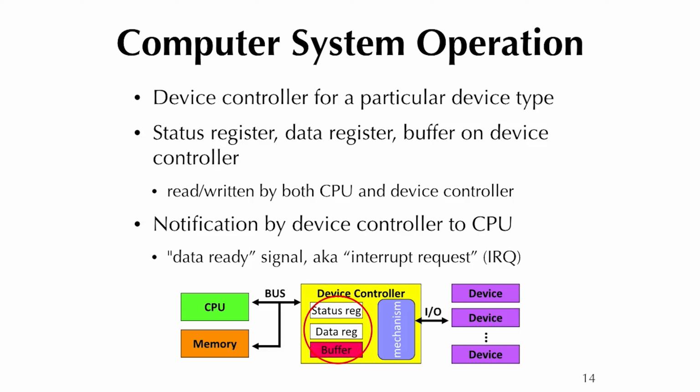And so in older Windows, you might see IRQ error, IRQ conflict. IRQ, what's IRQ? Interrupt request. Okay, so that is a way for the device controller to notify the processor and say, "Hey, I'm ready. Come and get me."